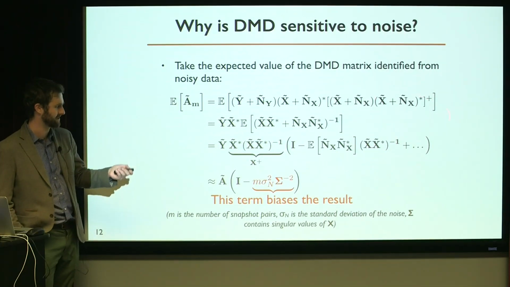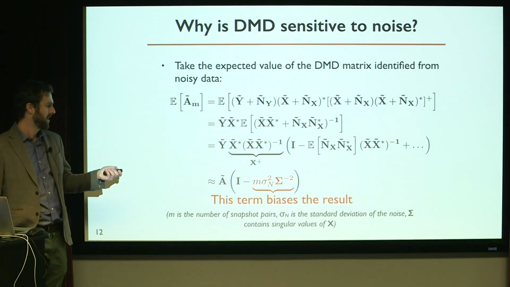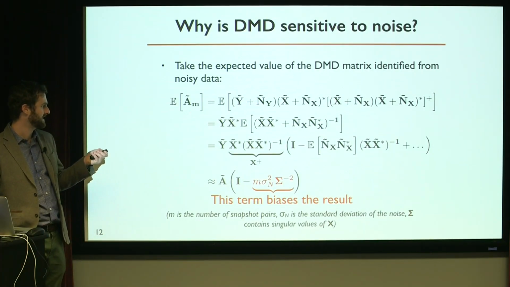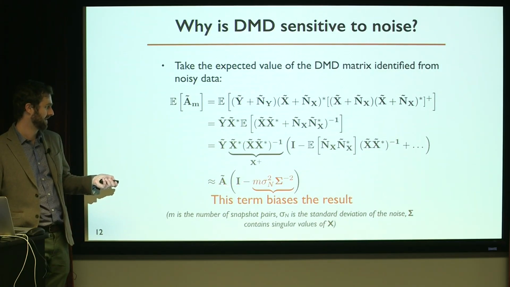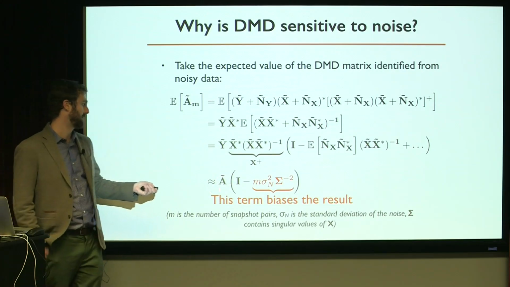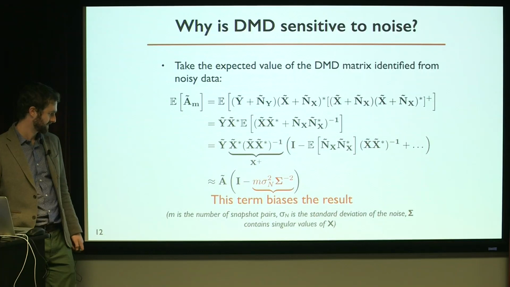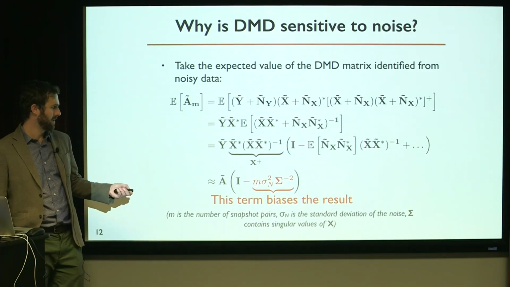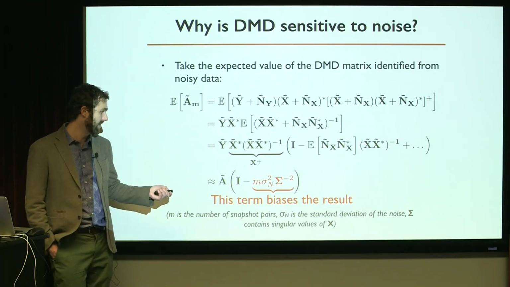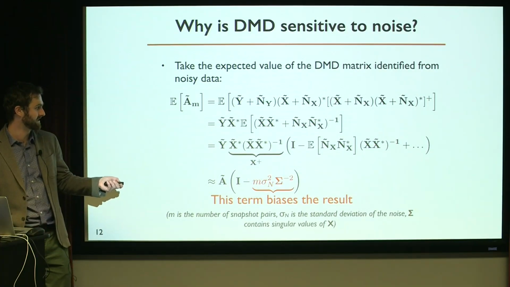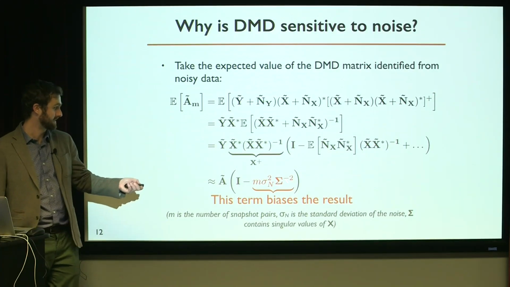It just involves some linear algebra and eliminating higher order terms and so forth. We end up actually finding that our expected value is not the true propagation matrix that we expect to identify, but is actually biased. But moreover, what we can show is that if we know the characteristics of the noise, that is, if we know what its variance is, which is this sigma n, then we know exactly what this bias is.